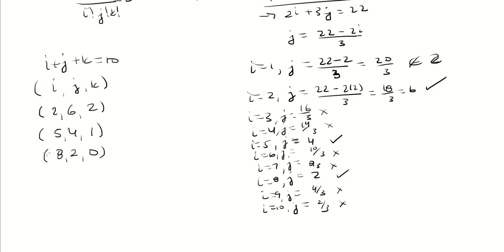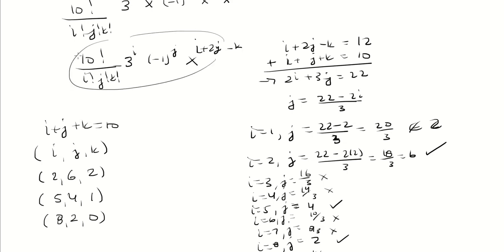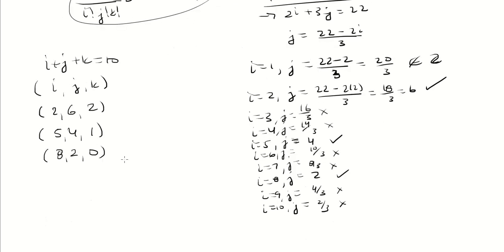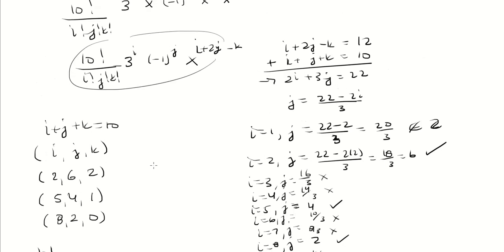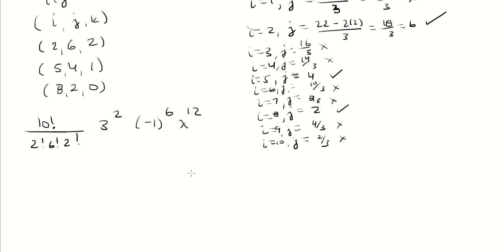And so we need to plug it in over here. So we have 10 factorial over 2 factorial, 6 factorial, 2 factorial. And then we have 3 squared, and then negative 1 to the 6th, x to the 12th, plus 10 factorial.